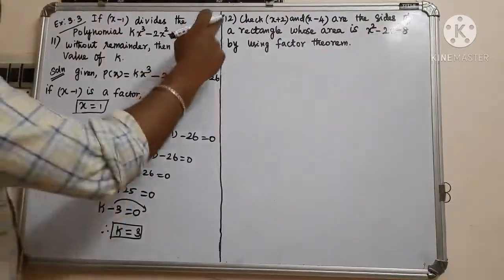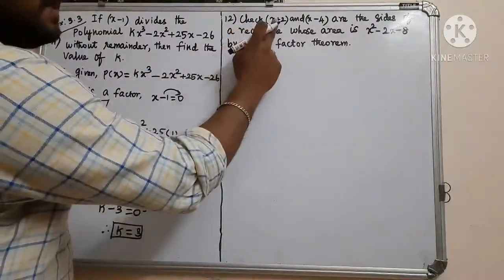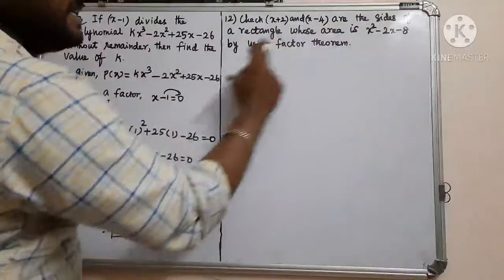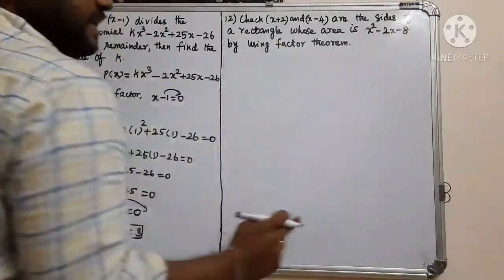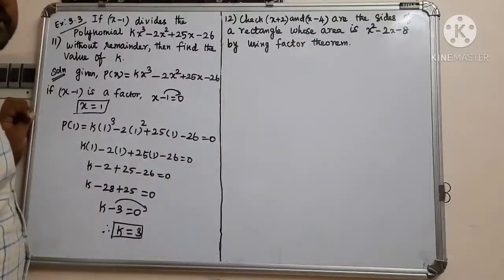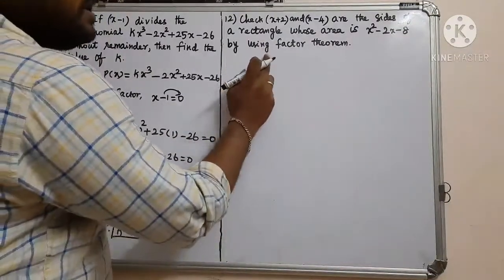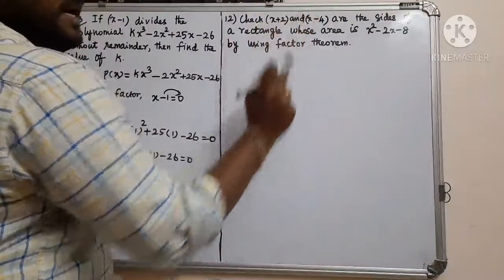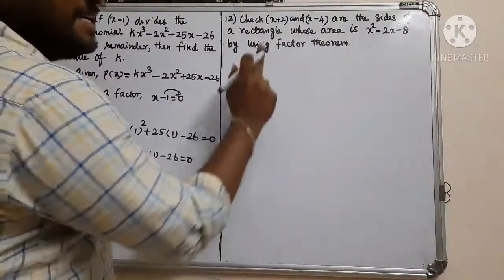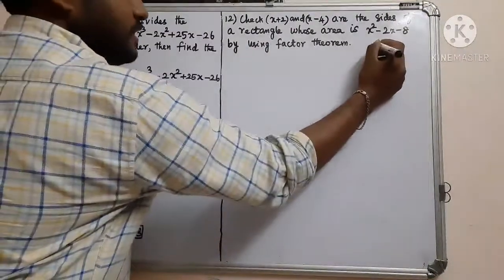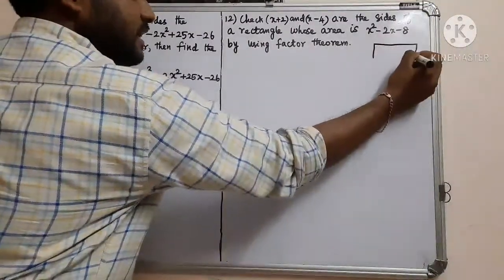Okay. Then 12th question. Check x plus 2 and x minus 4 are the sides of a rectangle whose area is x square minus 2x minus 8 by using the factor theorem. By using the factor theorem, we have to check x plus 2 and x minus 4 are the length and breadth, that is sides of the rectangle. So we know that the rectangle shape is like this.